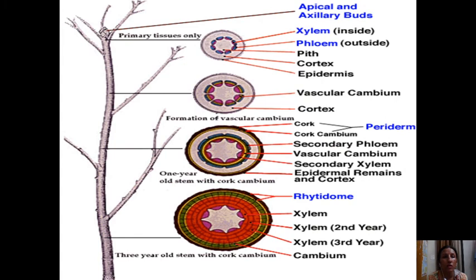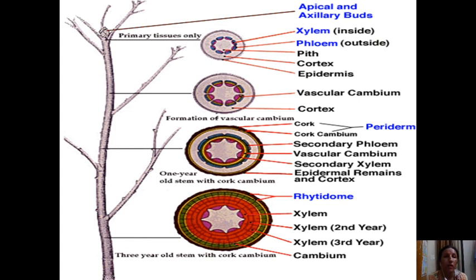Here you can see variation in the structure of stem anatomy in case of a plant. This is a dicot plant. You can see conjoint collateral vascular bundles present in a ring, and in the lowermost part secondary growth is there, where the thickening takes place.